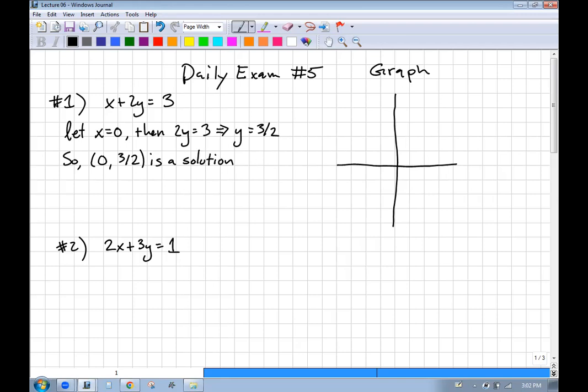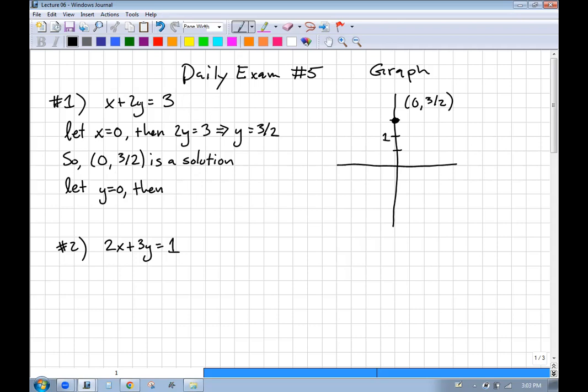And this graph that we're going to draw over here is going to represent all of the solutions to this equation. This is just one solution. Let's see, 0, and I'll make each one of these a half. There we go, (0, 3/2), okay? Now I need a second point, right? So the easiest one to find is, let's let y equal 0.